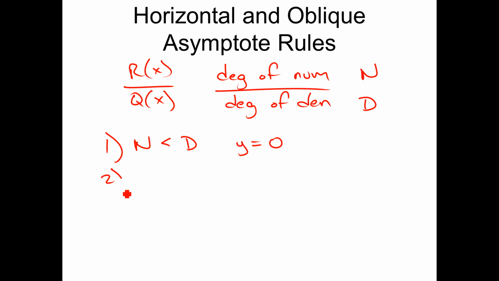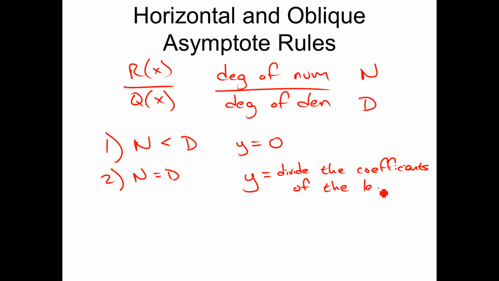If n equals d, you're going to have a horizontal asymptote at y equals divide the coefficients of the leading terms. For now, just write this down. This will make sense when we do an example in a second.